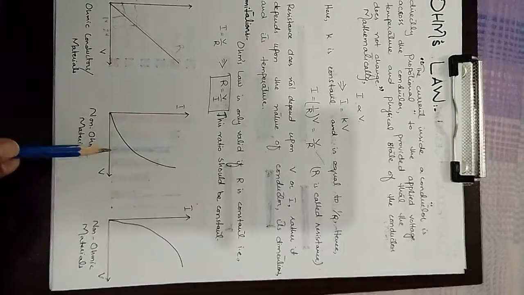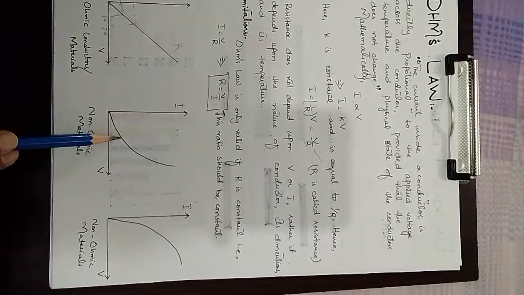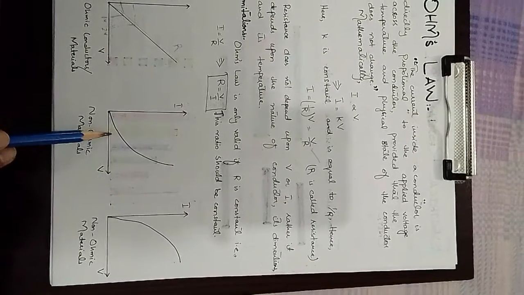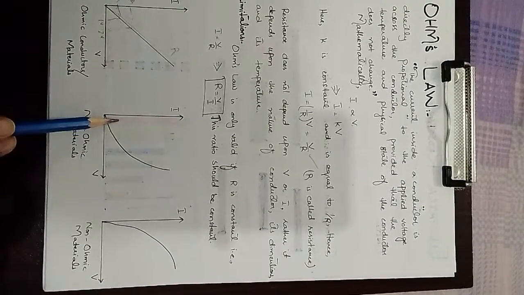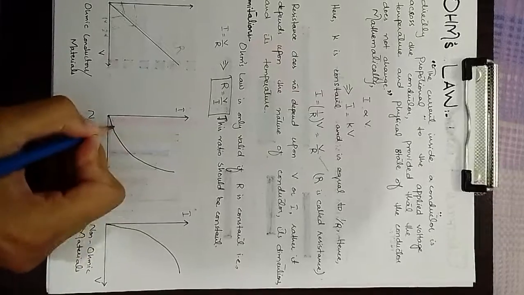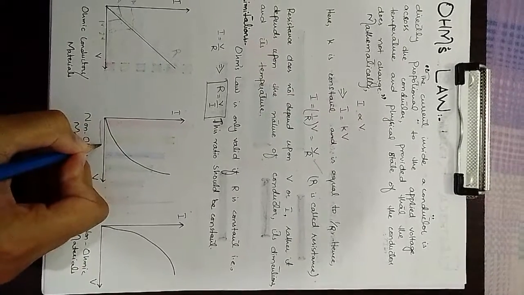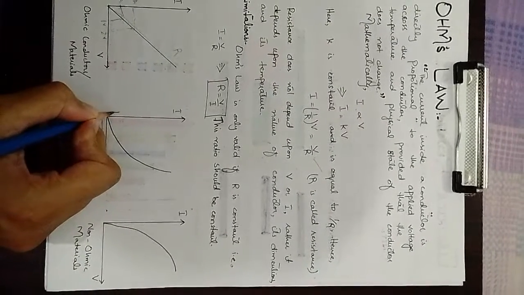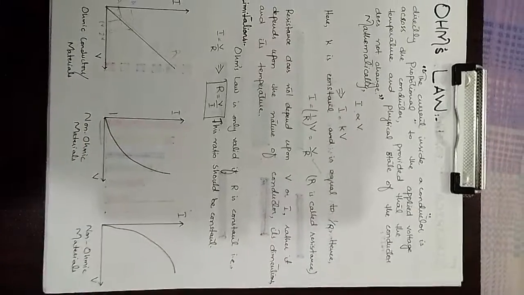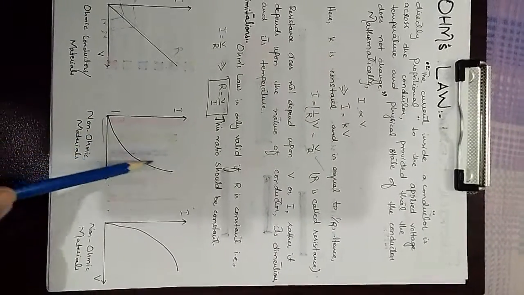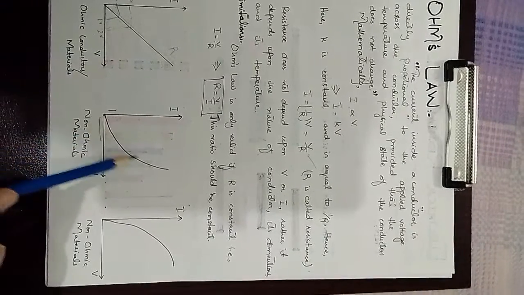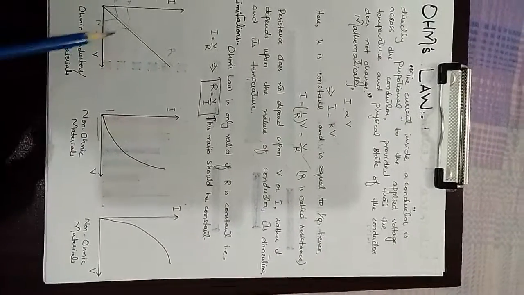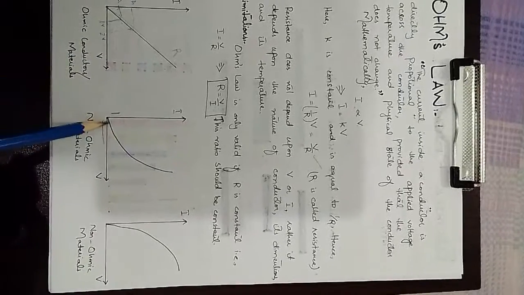Here you can see we increased the voltage quite a lot, but the increase in current is not so much. The voltage has increased a lot here, and there is just a little increase in current. So these kinds of graphs give us a curve. They don't give us a straight line, they give us a curve, either exponential or negative exponential.